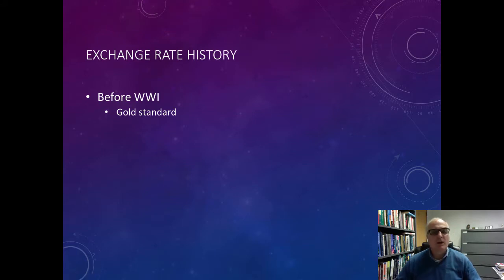So before World War I, most countries were on a gold standard, most countries that issued currencies. And if you are on a gold standard, what that means for currency exchange is that you are in a fixed exchange rate system. All the currencies are tied to gold and at a fixed rate, and therefore every currency is tied to every other currency at a fixed rate. It's an easy math problem.